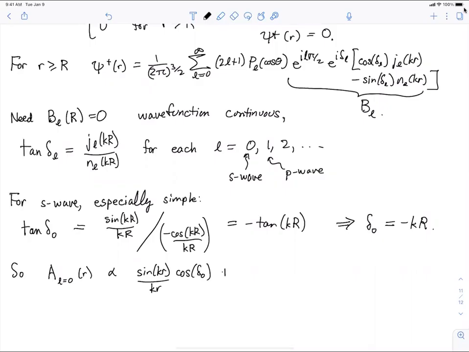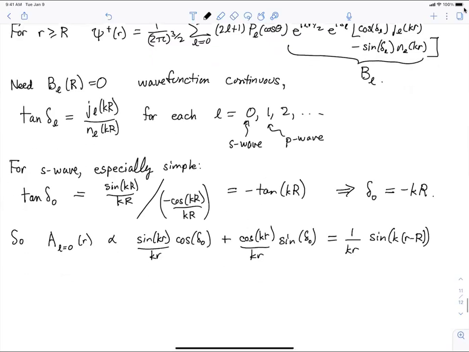And then there's plus cosine kr over kr times sine delta 0. Okay, and then you use a trig identity to realize, aha, that's 1 over kr sine of k times little r minus big R.